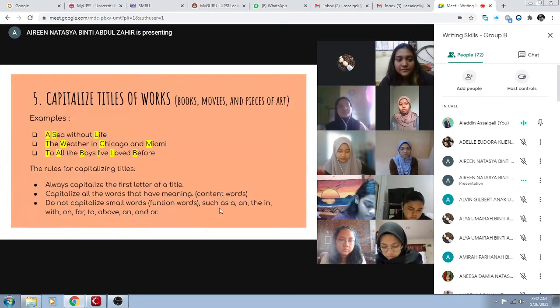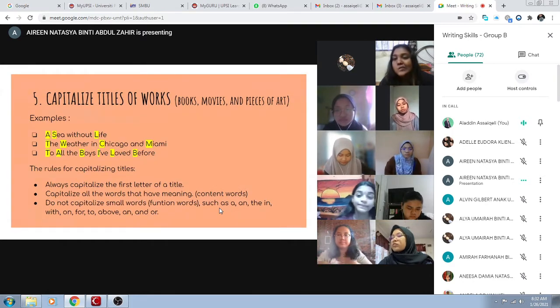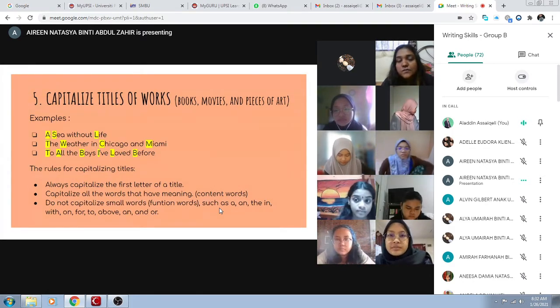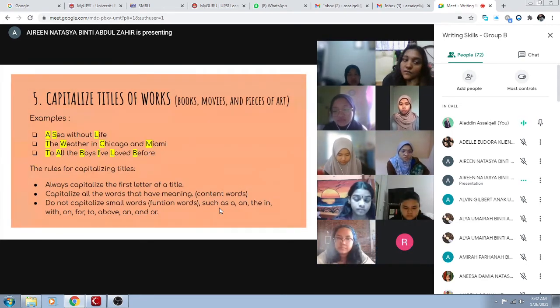I am drawing your attention to this because I do not want to see a function word capitalized in any paragraph you send me. Do not capitalize prepositions and other function words, words that do not carry much semantic content. The meaning is only for grammar, for relations.